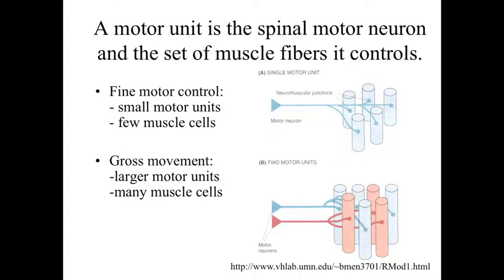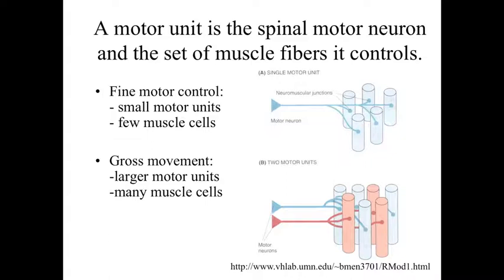The muscles of the back and, say, the upper legs are controlled by these large motor units. But for fine motor control, such as movement of your fingers and fingertips, you want very fine, graded control over the strength and movement, as opposed to your legs or your back.